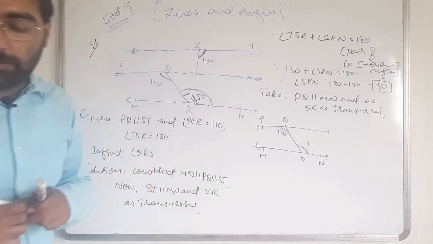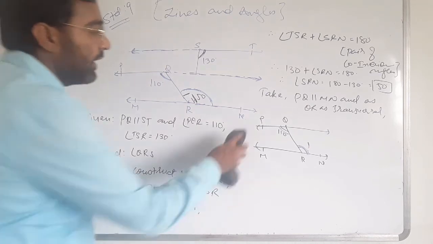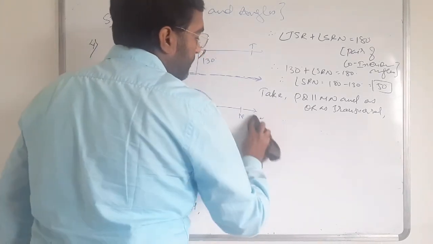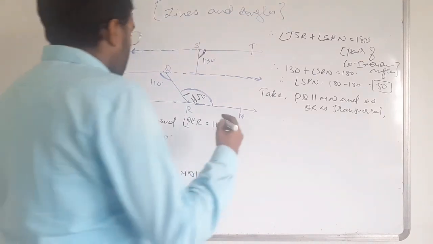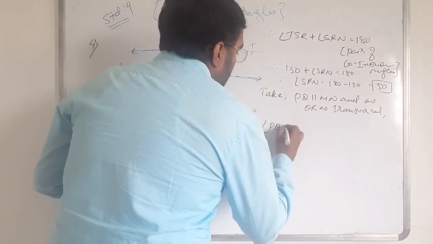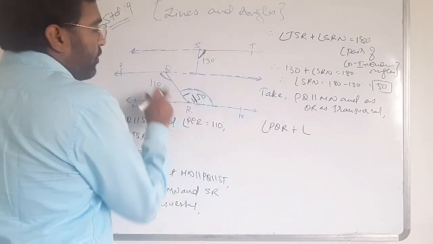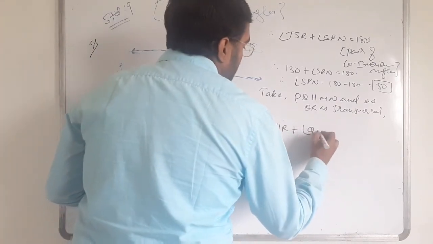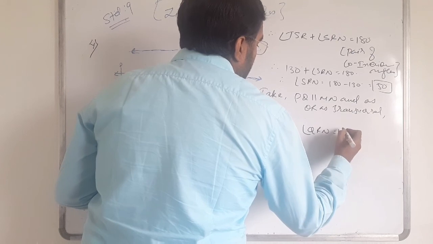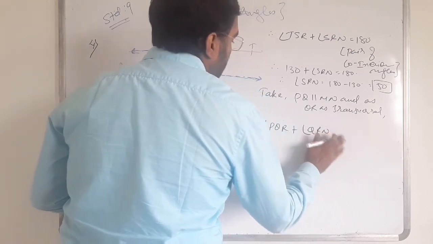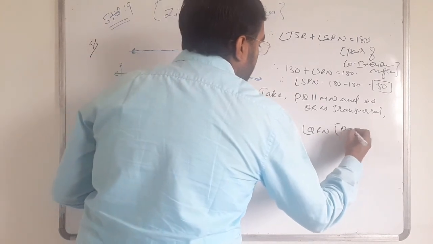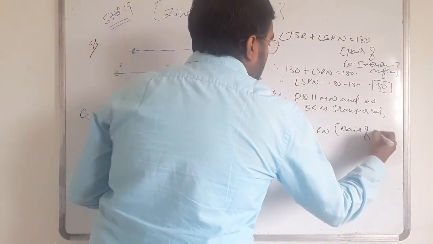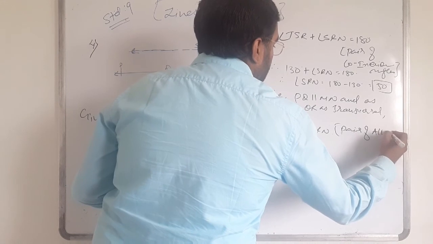Okay. Now we have to write angle PQR equals angle QRN, the whole angle QRN, both are equal angles, a pair of alternate angles.